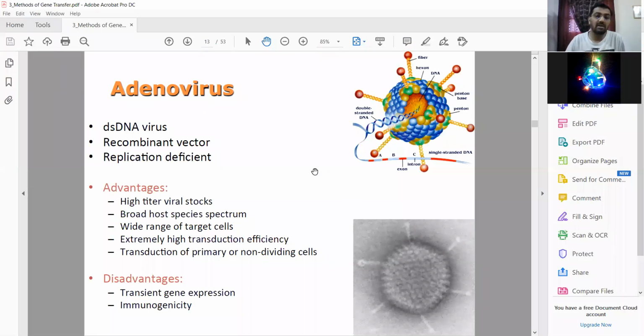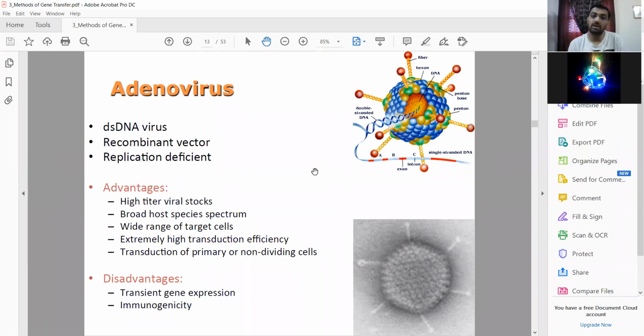So scientists have removed many crucial genes out of them, which could be disease-causing genes, and now they cannot cause any disease, so we call them recombinant vectors. These adenovirus vectors are actually replication deficient.